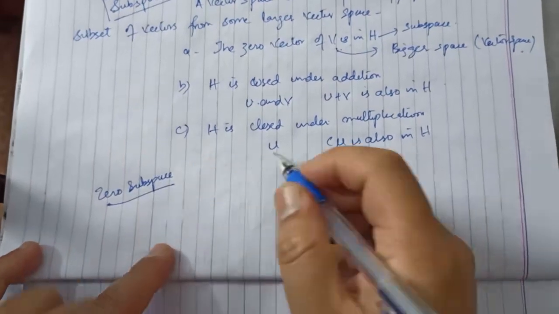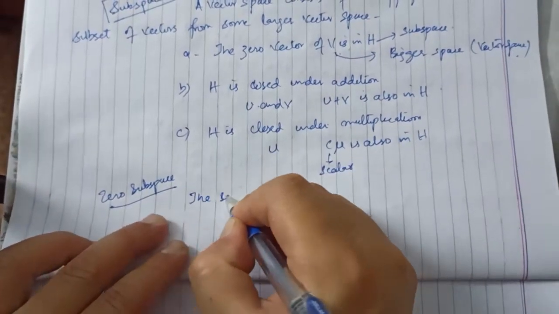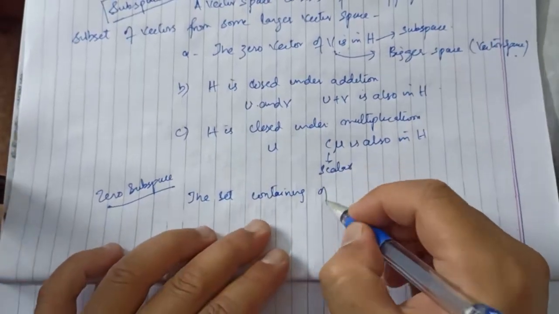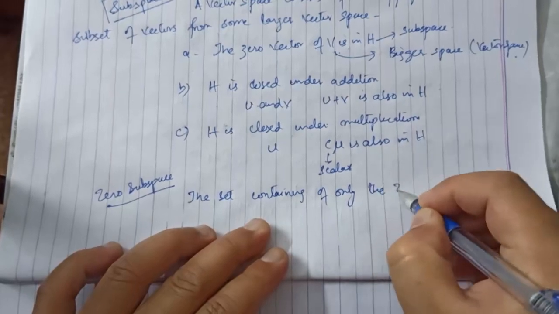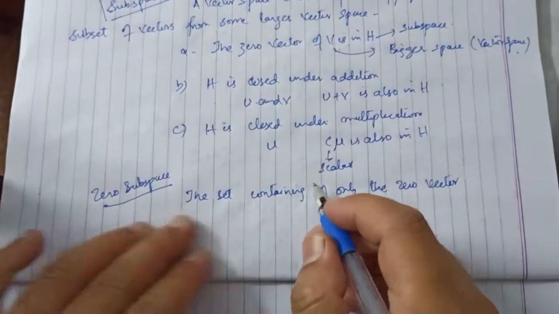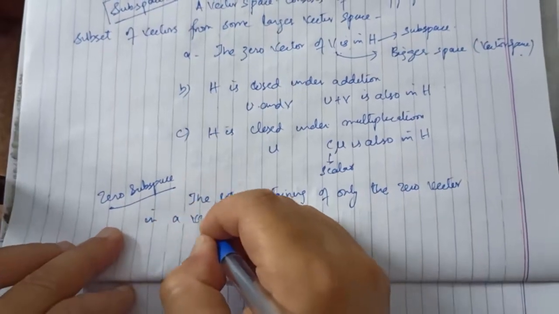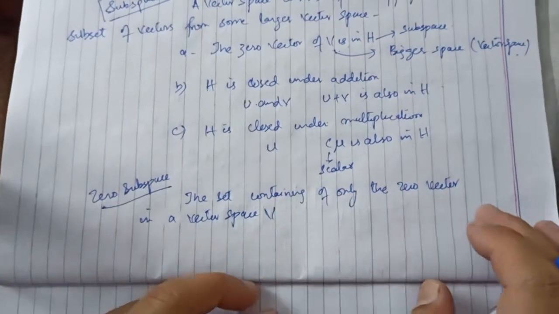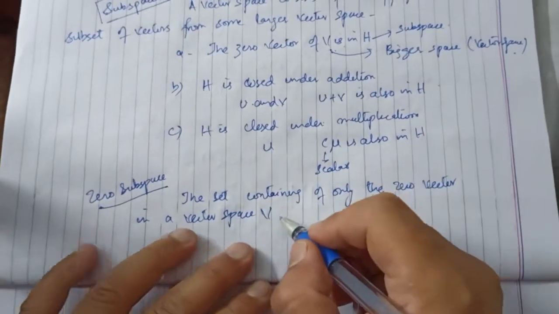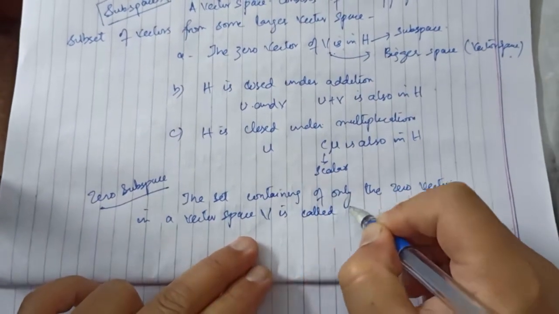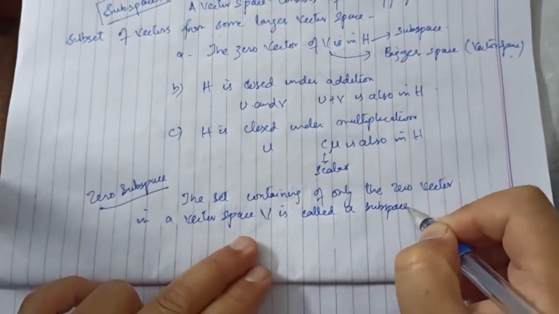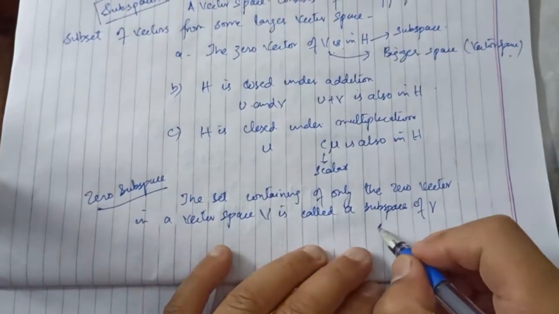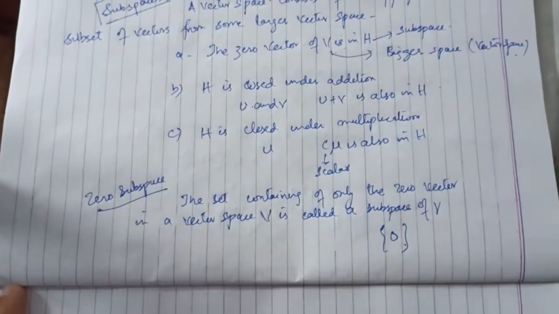So the 0 subspace is the set consisting of only the 0 vector in a vector space V. So what you take here is, from a vector space V, we just take the 0 vector, right? This is called a subspace of V, and you can normally write this as {0}. This is called the 0 subspace. Okay.